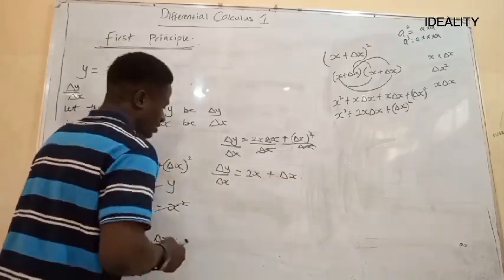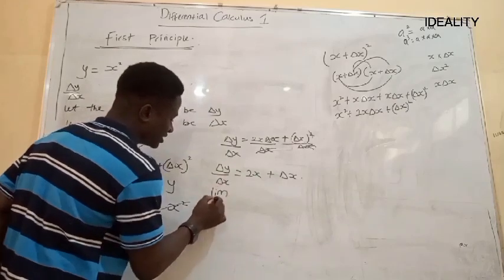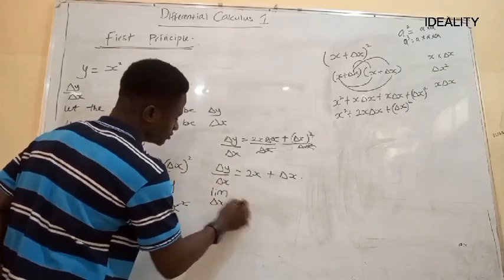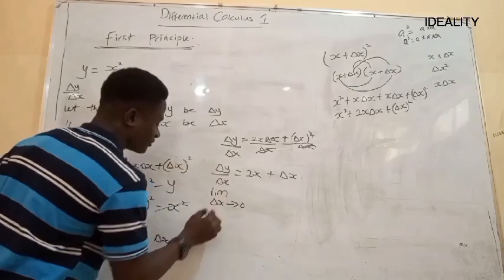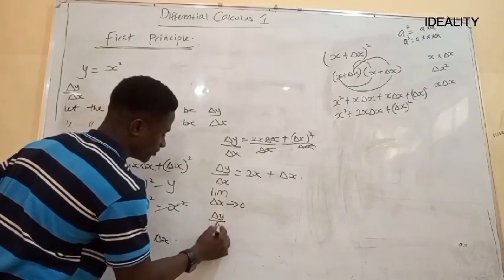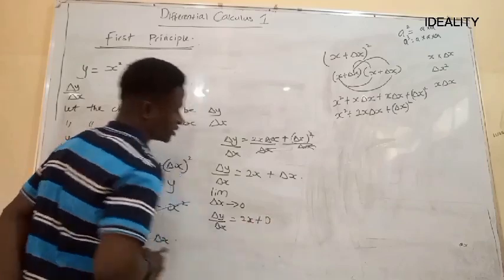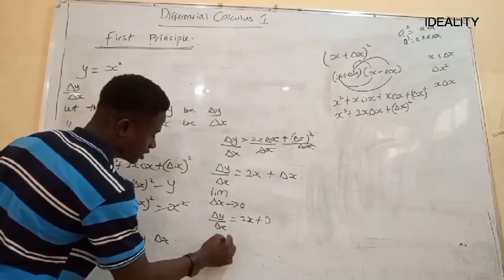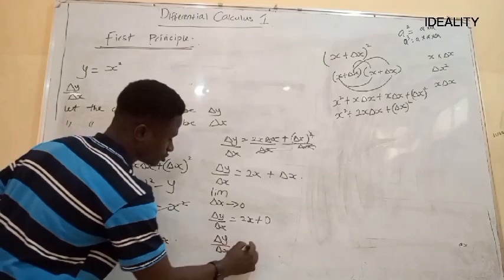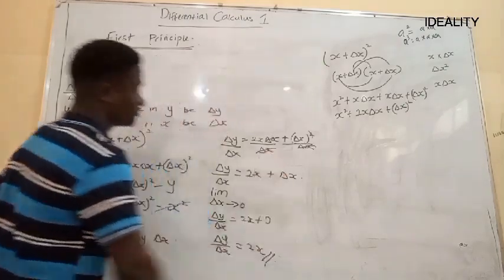So you just say limit when theta x tends to 0. So that we have theta y over theta x to be equals to 2x plus 0. Now we have theta y over theta x to be equals to 2x. So the final answer.